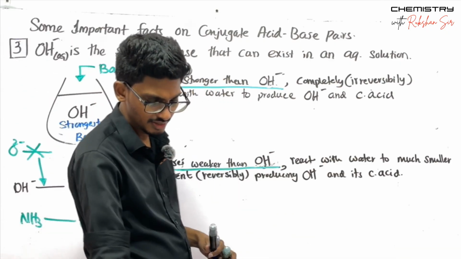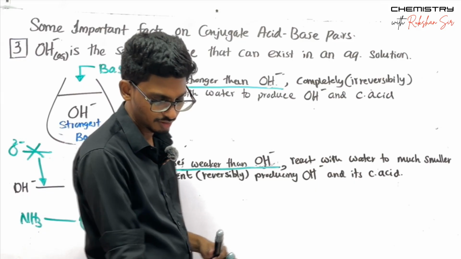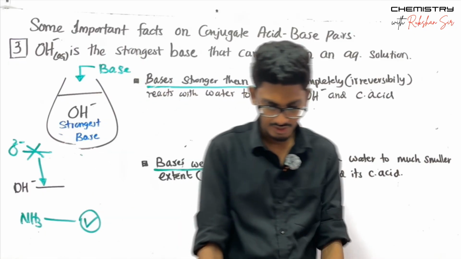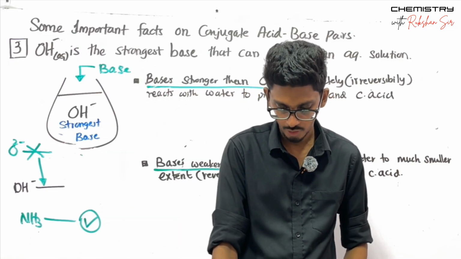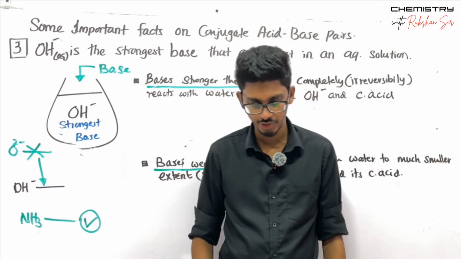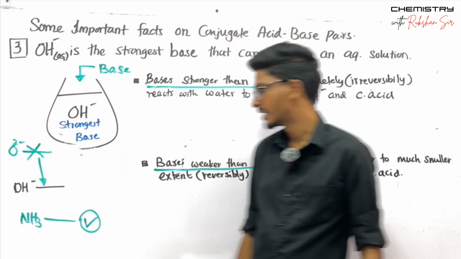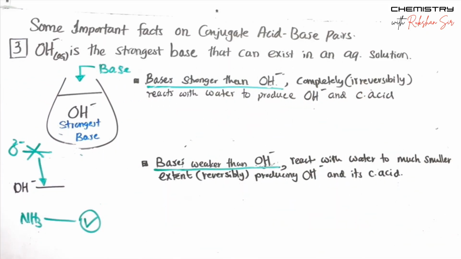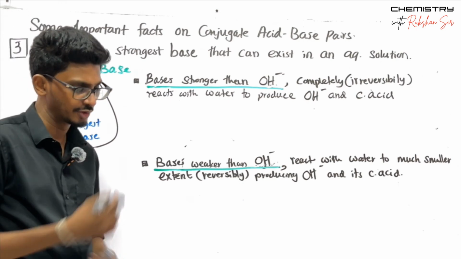See the notes on page number 4. The OH minus ion is the strongest base that can exist in an aqueous solution. Bases stronger than OH minus can't appear; they completely react with water to produce OH minus and the conjugate acid. For example, O2 minus is a stronger base than OH minus, so it completely reacts with water to produce OH minus and the conjugate acid.